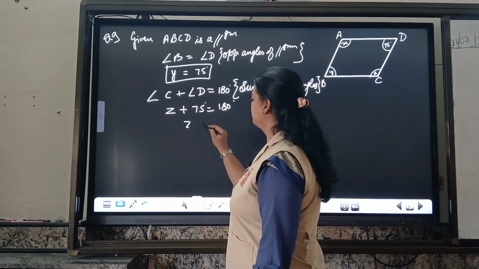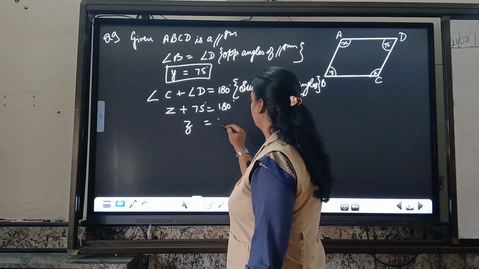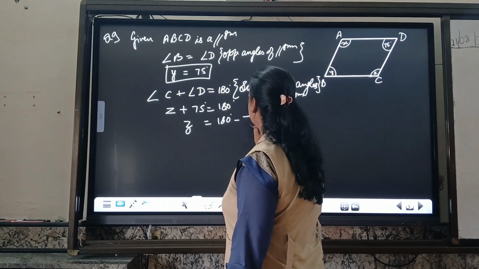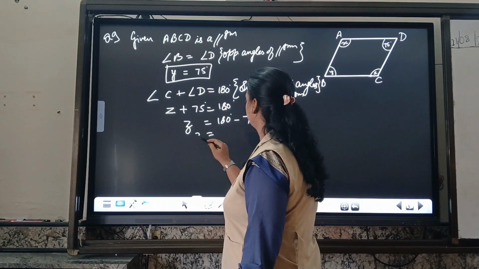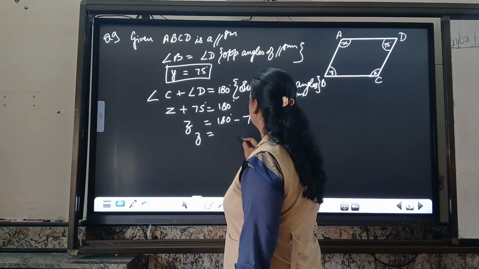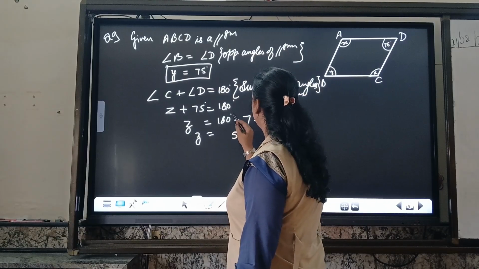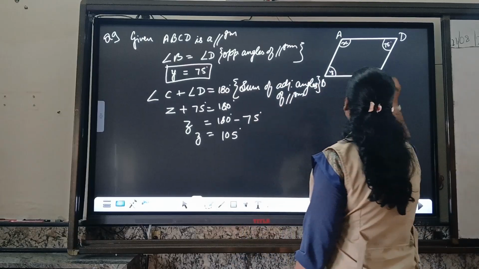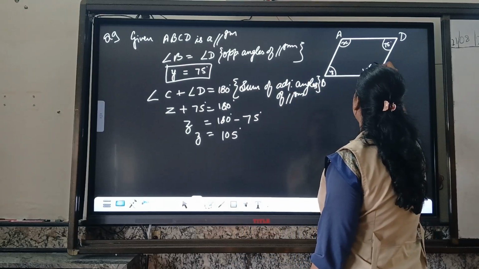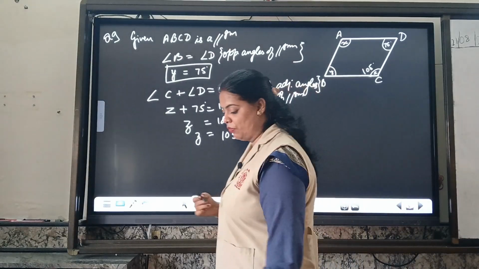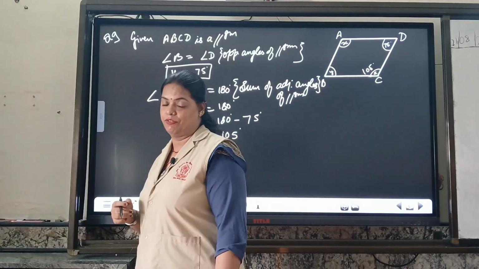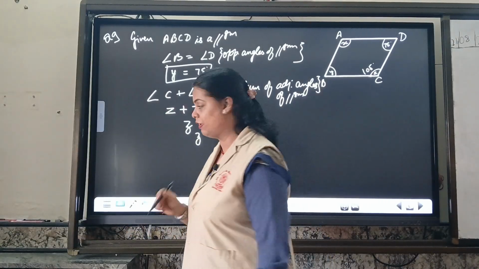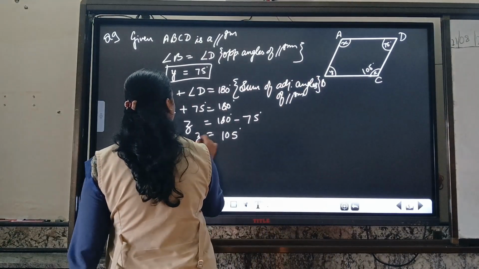Now Z is equal to 180 minus 75. So Z is equal to 105. So if Z is equal to 105, then what would be the relation between X and Z? Yes, I have told you earlier that these are opposite, so they will be equal.